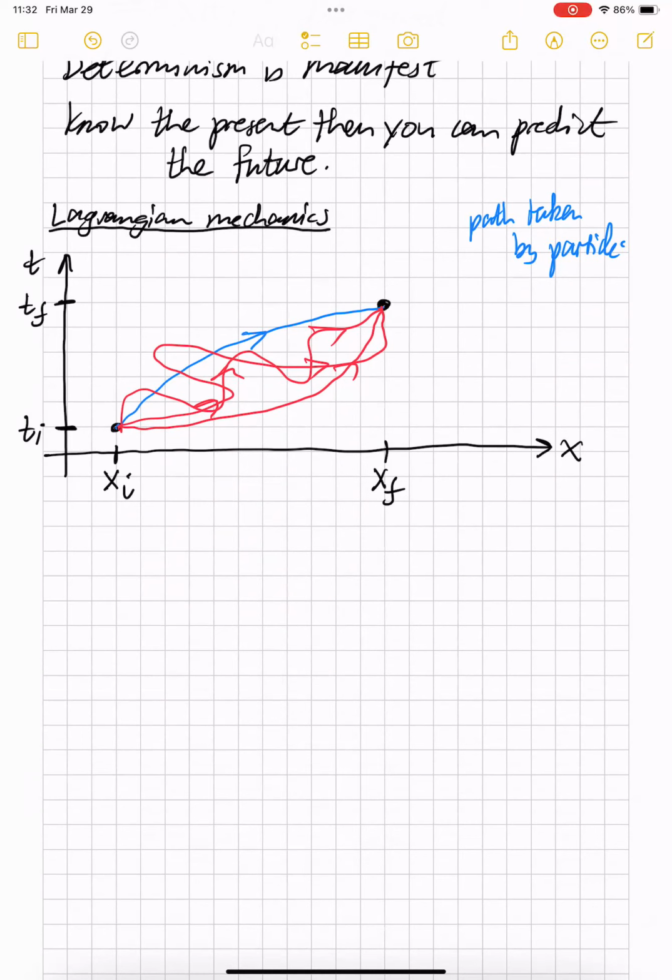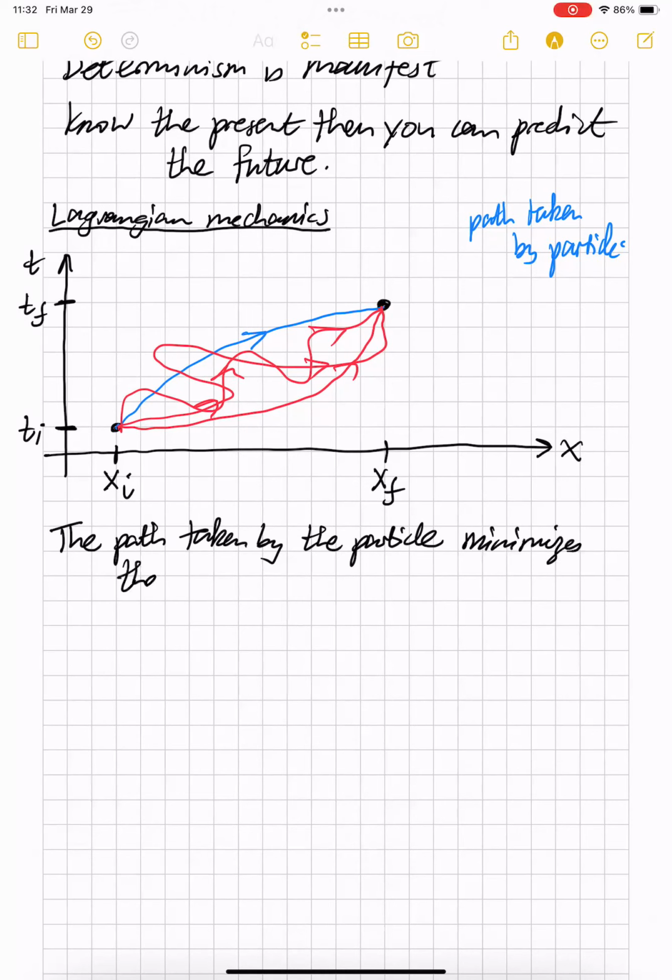In Lagrangian mechanics, there's also a law. What the law says is that the path taken by the particle minimizes the action S. Okay, so there's something called an action.